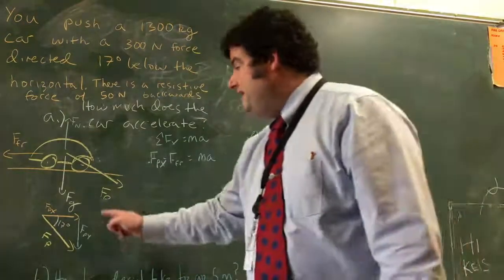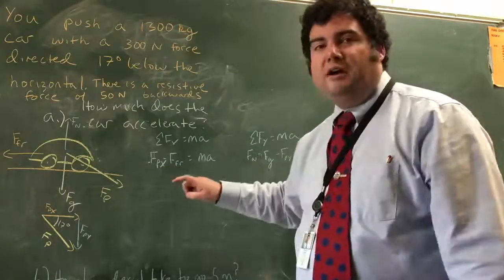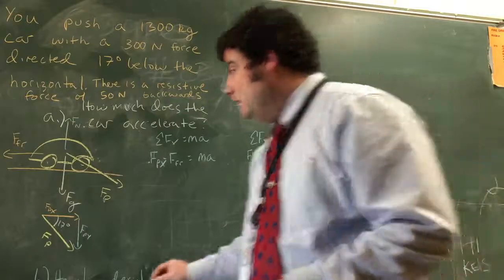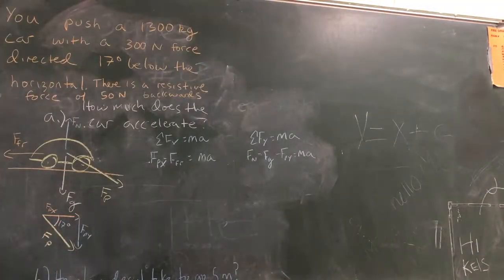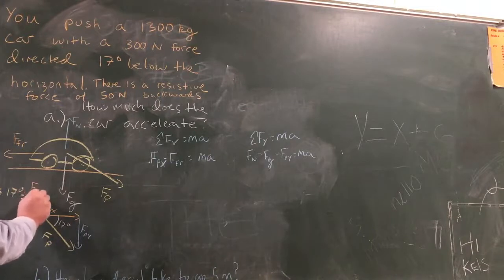So I'm going to just stick with x for now. I don't think I need y for this problem. But in general, you would do both the sine and the cosine. Since Fpx is the adjacent side, I'm just going to worry about cosine. And the cos of 17 is going to be Fpx over Fp.